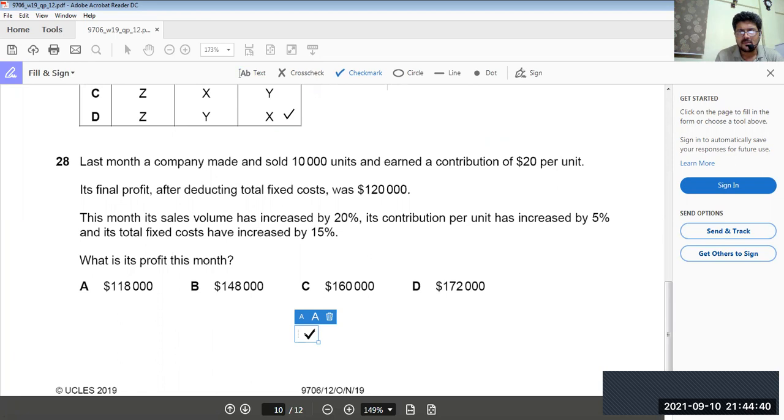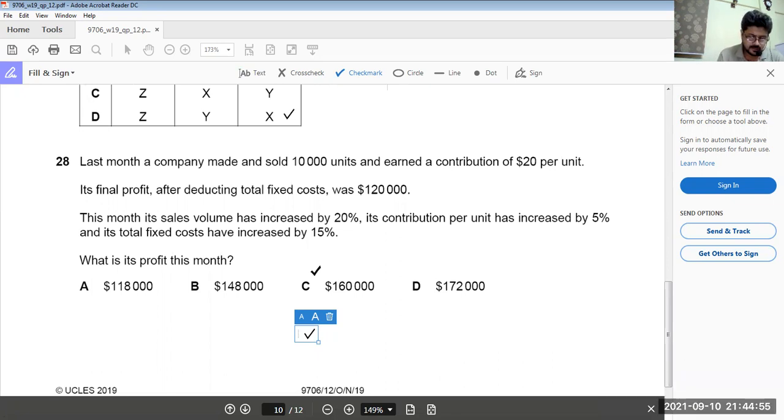Getting my point here? Now, what is the profit for the month? So class, what we have to do: 10,000 units multiplied by 120% is 12,000.